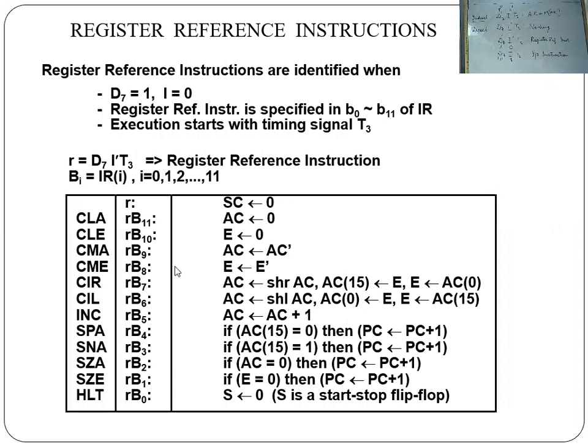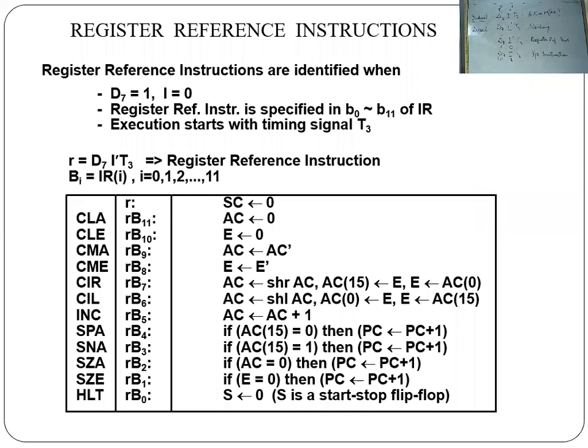So these are your register reference instructions. CLA, which means you have to clear the accumulator. CLE, you need to clear the end carry. CMA, complement accumulator. So the accumulator's value will be complemented and stored in the accumulator again.